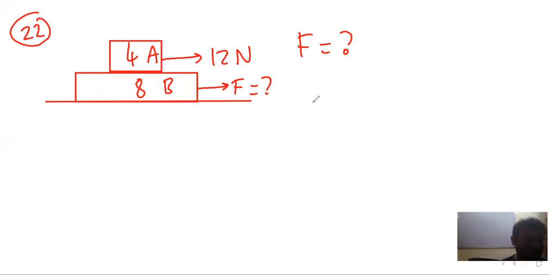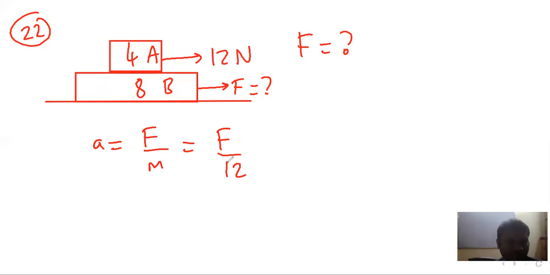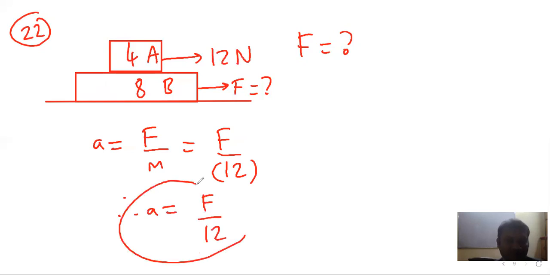We want these two blocks to move together. Because they move together, let us consider acceleration as total force upon total mass. Total force is F, upon total mass, which is 4 plus 8 kg, which is 12. So we can say the acceleration of both blocks if they move together is F by 12.